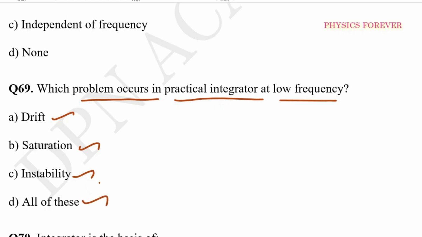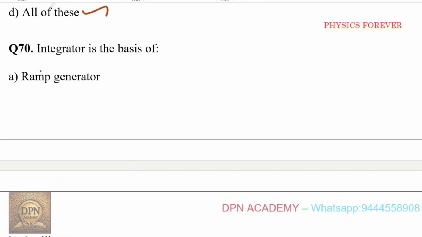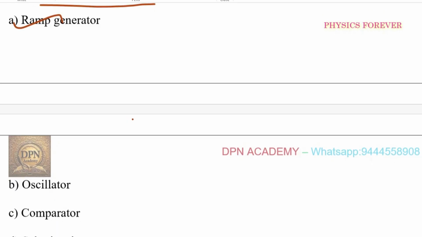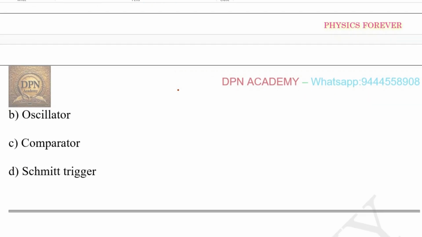So all of those are correct. So option D is correct. So then integrator is the basis of a ramp generator. Okay, it should be the basis of a ramp generator. There should be then V0 is proportional to the integral of Vin dt. Okay, so option A is correct.